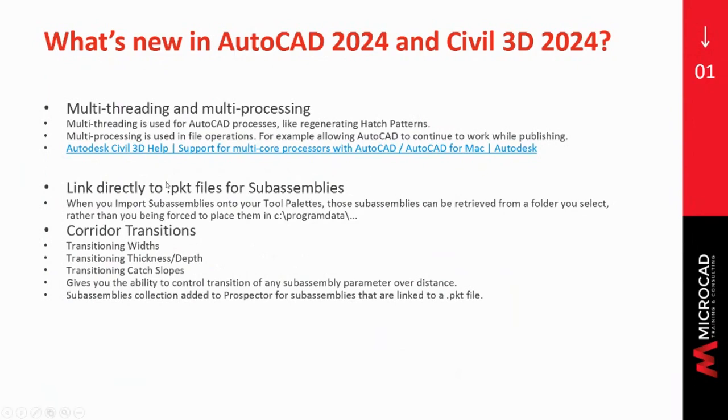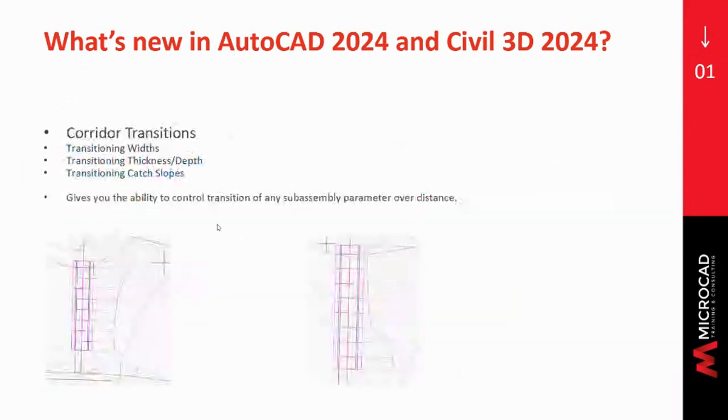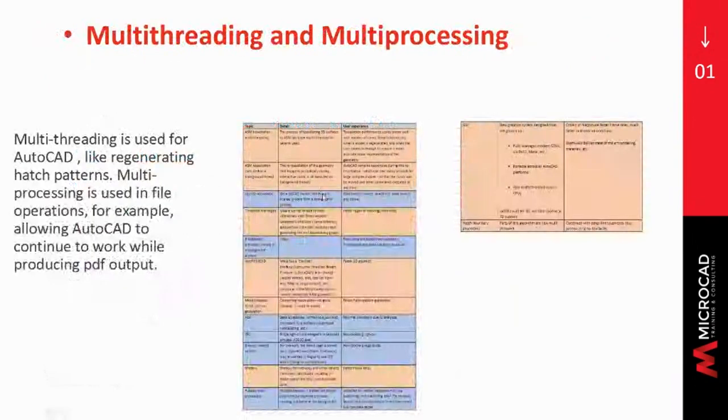So this multi-threading and multi-processing, what this does is AutoCAD now truly supports multiple processors and multiple cores within processors in your computer. This has been kind of the holy grail of AutoCAD for years and years. We've all been thinking, boy, AutoCAD's going to be fast when they finally truly support multi-processing and multi-threading.